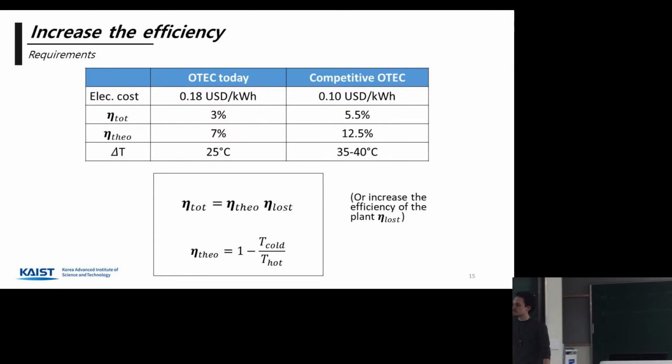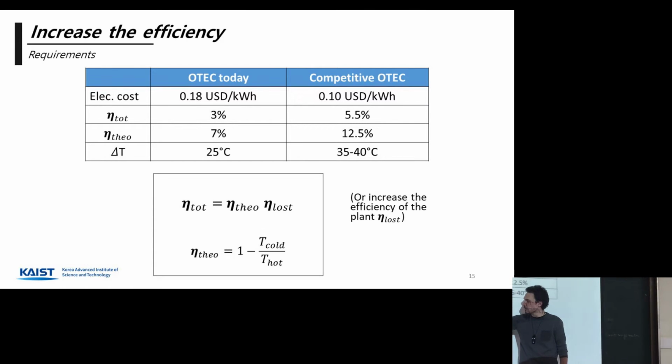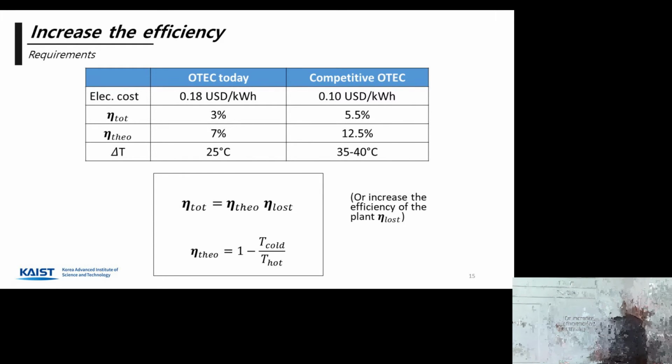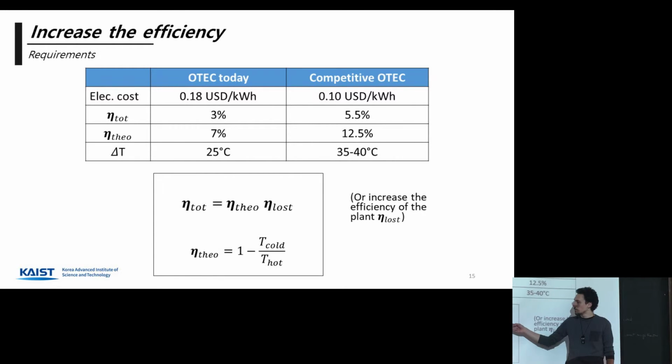I say the total efficiency of a plant is composed of the theoretical, thermodynamic efficiency, which is defined like this for an ideal case. And because it's impossible to reach the ideal case, we always have a loss. These two together give the total efficiency.